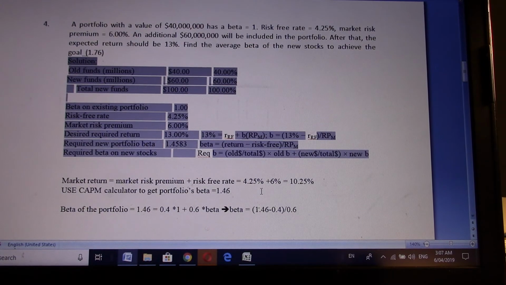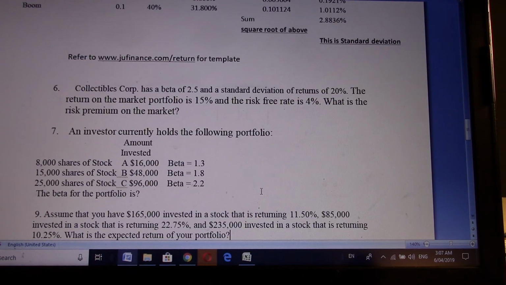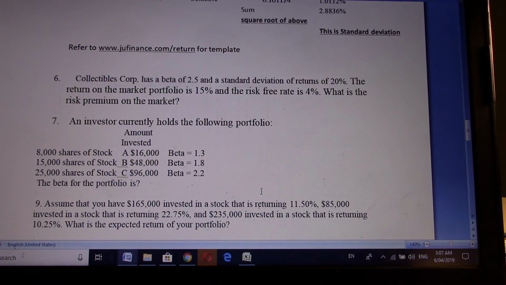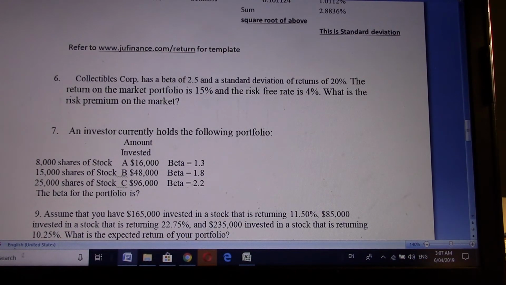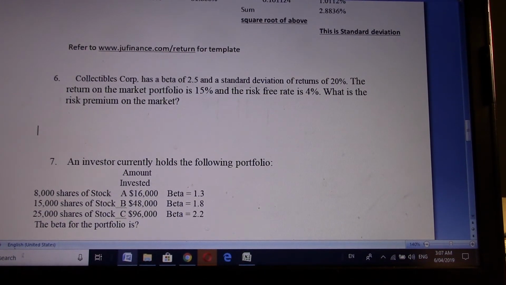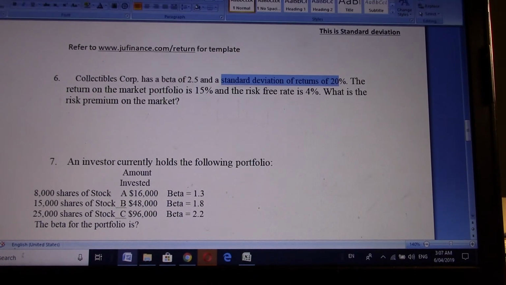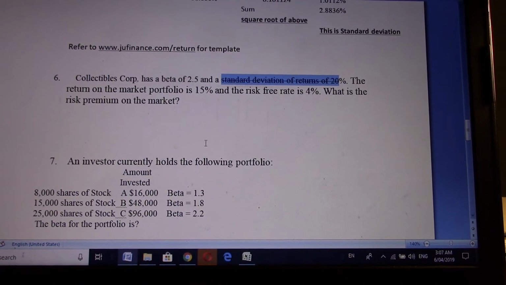So this is question number 4. Question number 6. You know the beta and you know the standard deviation. Once you see beta, you can delete the standard deviation because it is useless information.